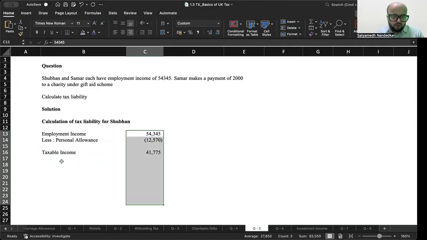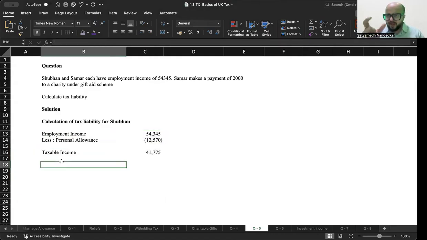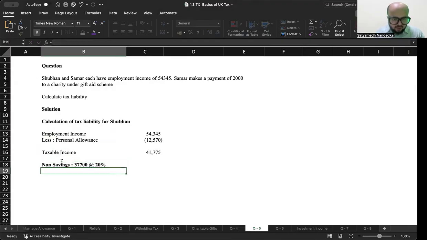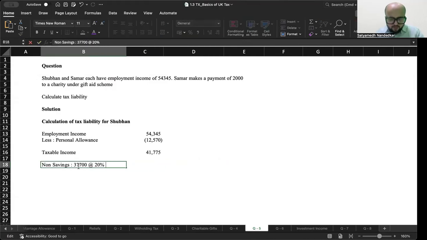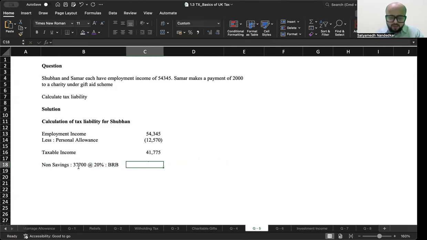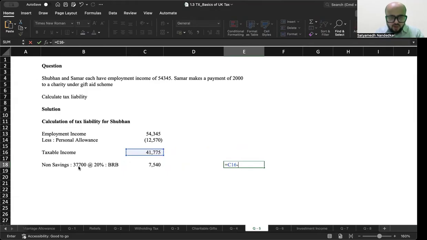Now, how will you subject it to tax? The basic band is 0 to 37,700. So non-savings, 37,700 at the rate of 20%. After taxing 37,700 in the basic rate band, let me call it BRB, 37,700 into 20%, how much is still left? Out of 41,775, you tax 37,700 in the basic rate band.